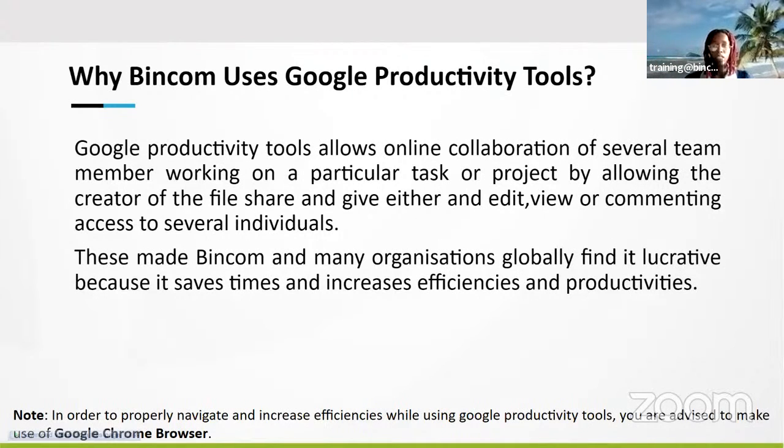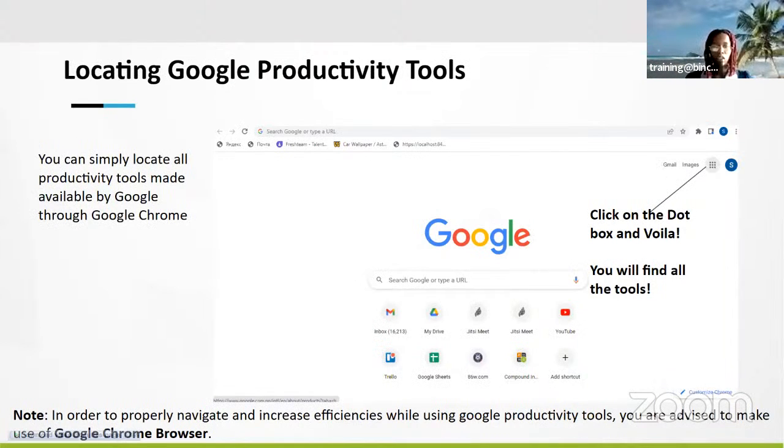I'll show you how to get that directly from your Gmail as well. So we use Google productivity tools for easy collaboration. It helps you collaborate with any number of persons. I don't think there is actually a limit to that currently, but any number of persons can use that. And this made Bincom and other organizations globally save time and increase their productivity as well.